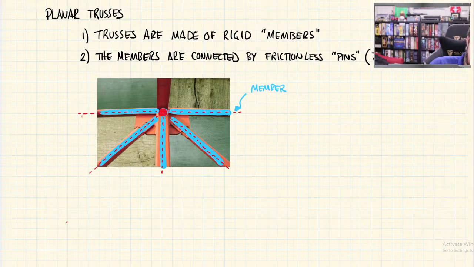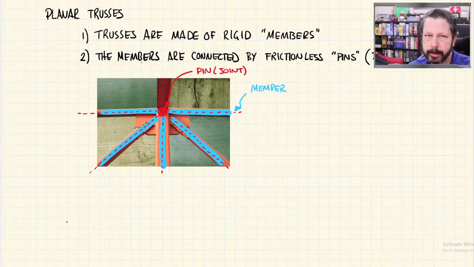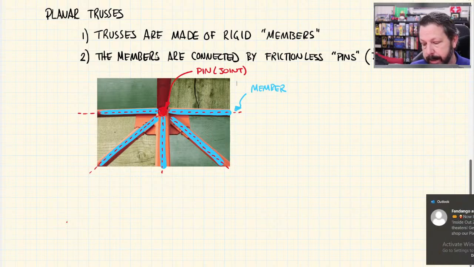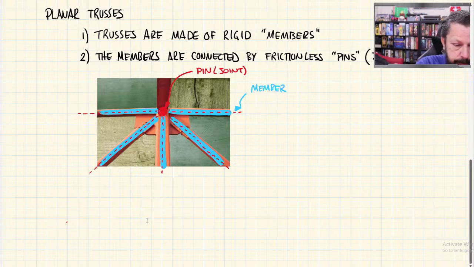The point where all of this meets is the pin, and sometimes we call that a joint. That location is a joint. So even though we don't often have all the members held together by a physical pin, we do have the same effect of that. All right. So that was our second rule.